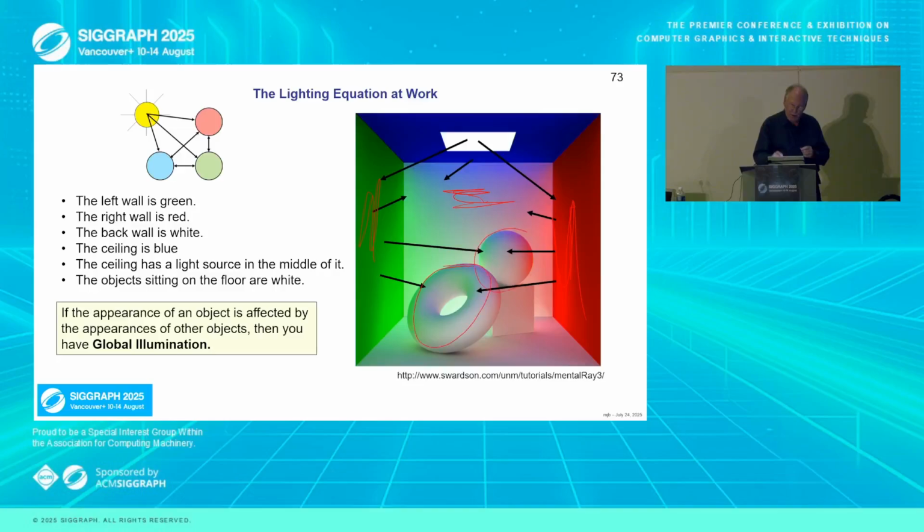These objects are white, but you can see that the torus is getting some green reflection from the wall. Now, and you've probably done this too, if you're wearing a bright red sweater and you go stand next to a white wall, you can see some of the red from your sweater ending up on the wall. Okay, this is what global illumination gives you. And so this looks a lot nicer, more realistic, because it is taking into account light bouncing all through the scene.